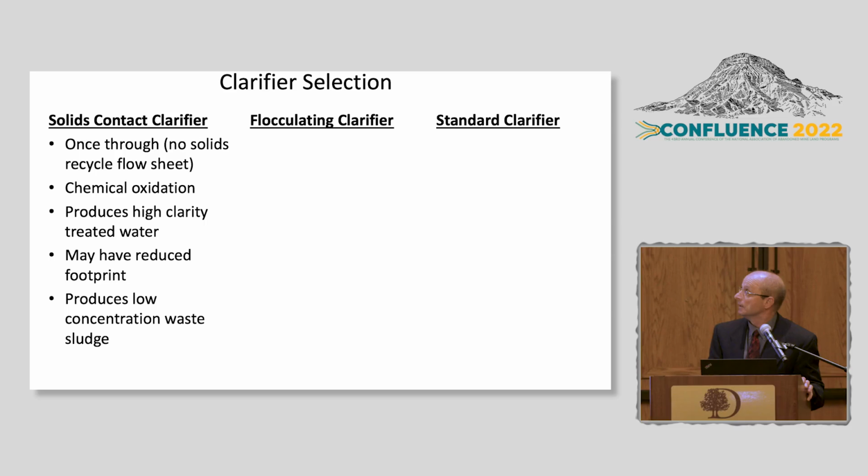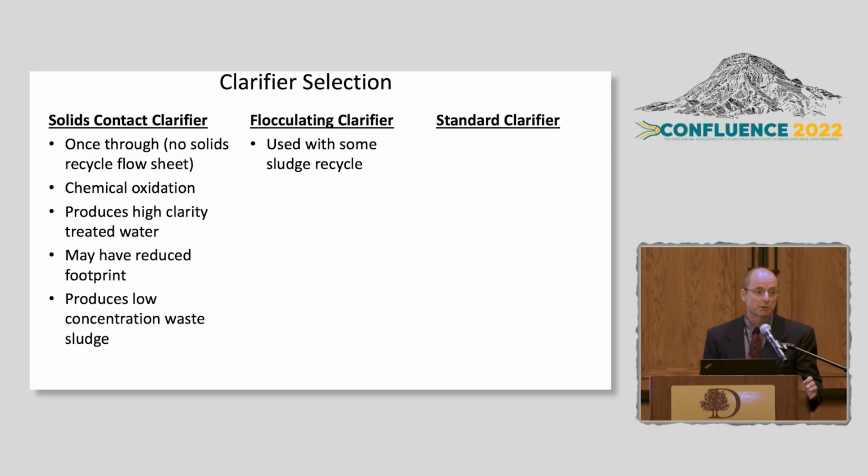Okay, if we look at the flocculating clarifier, this unit is used in a lot of places where the standard unit is used, but you do need a bit of external recycle often because you want to build up the solids concentration so it flocculates, but now you have that enhanced mixing in there for flocculation.